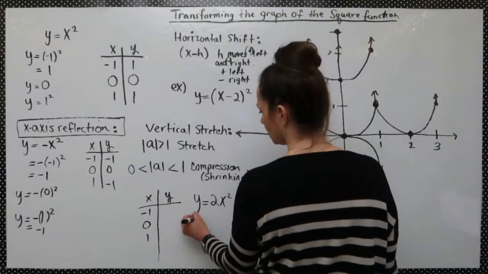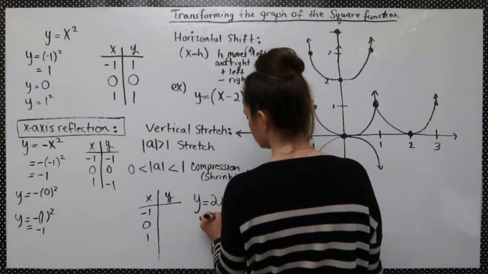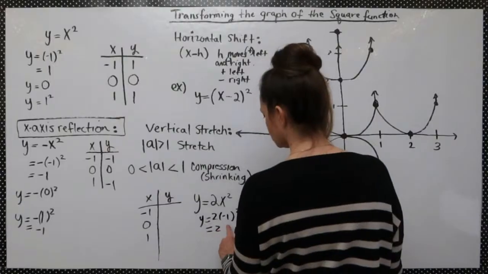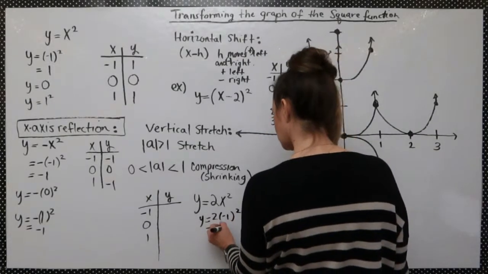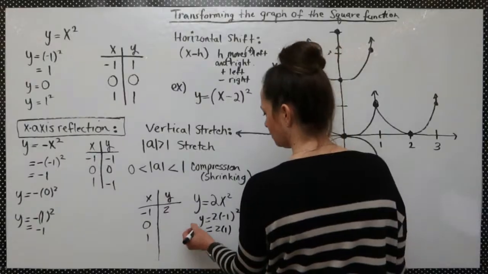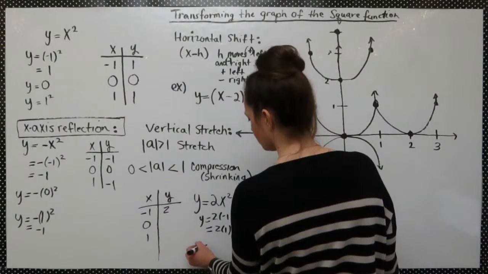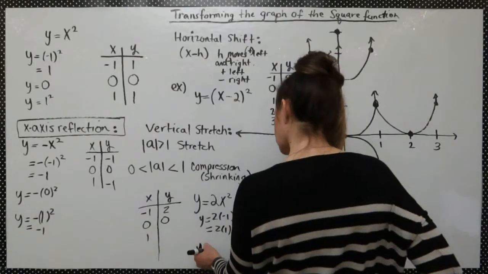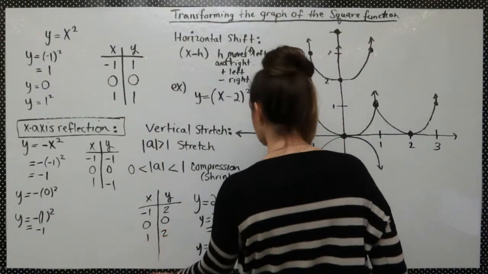And then you plug in, you're getting 2 times -1 squared, which is -1 squared is 1, 2 times 1 is 2. And then for 0, it's just 0. And then +1, you've also got +2.